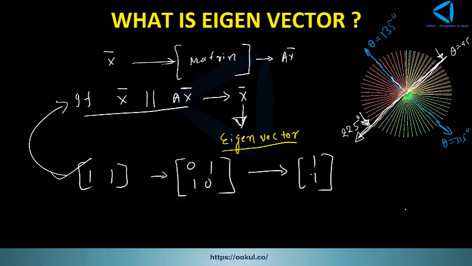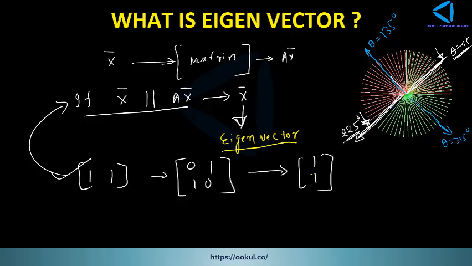You just concentrate on this white one at an angle of 45 degrees and an angle of 225 degrees. You see, if you multiply by minus 1 at 225, it will become the same direction as theta equal to 45.